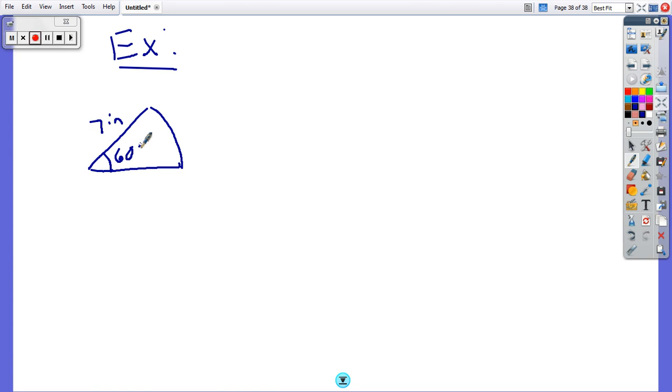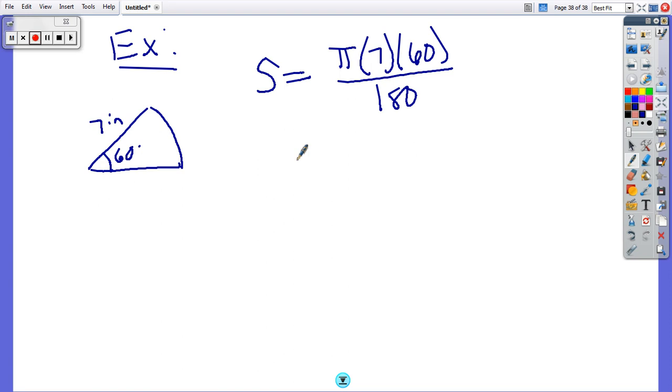60 degrees, 7 inches. So now my arc length, S, is equal to pi times the radius, which is 7, times theta, which is 60, divided by 180. And that's equal to 7 pi over 3, which is approximately 7.3 inches.